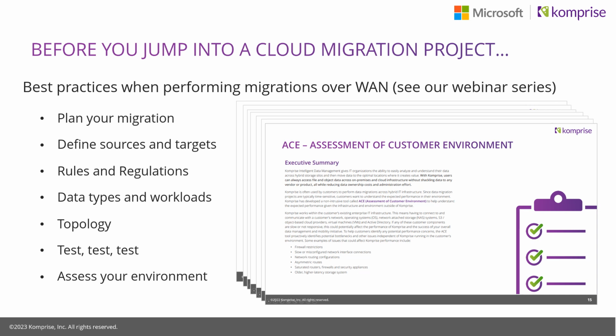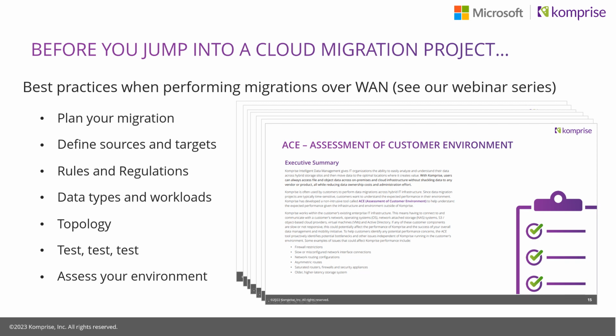It's a tool that we run in your environment outside of the Komprise platform, and it can analyze the behavior and the performance of accessing your source file servers, trying to read from them, trying to write data to your destinations, measuring latencies and the round trip times. This has been an invaluable tool in dozens of customers, even before Komprise has started doing any migration.